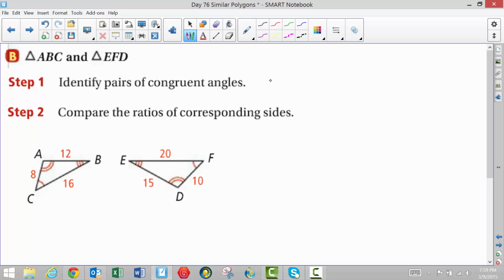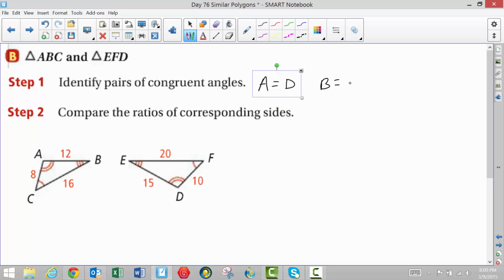Well, I know that A and E are equal. Oh wait, oops, sorry, not A and E. A has 2 arcs, D are equal.